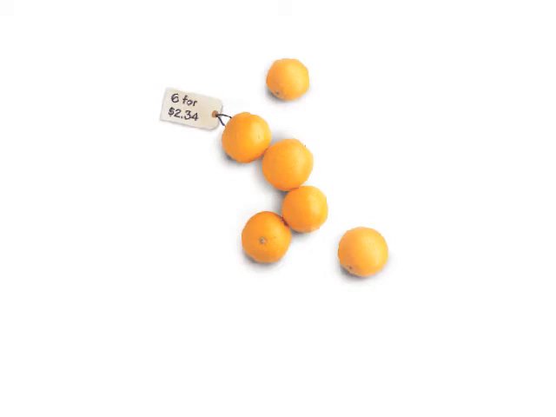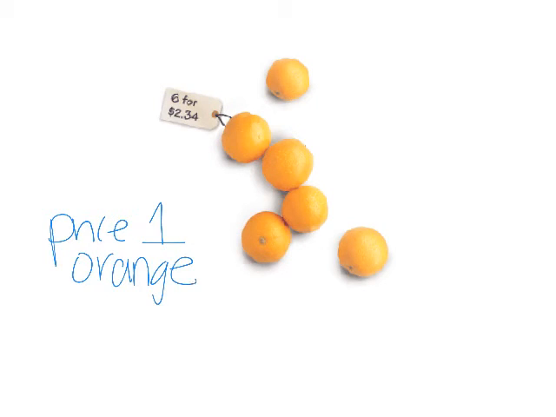This is helpful when you're trying to compare prices. Think about when we were talking about proportional relationships and whether the sale prices were proportional. If it's $2.34 for 6 oranges, how much is it? What is the price for 1 orange?